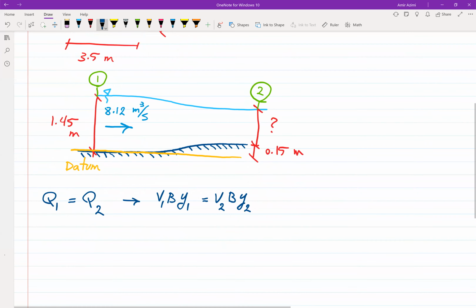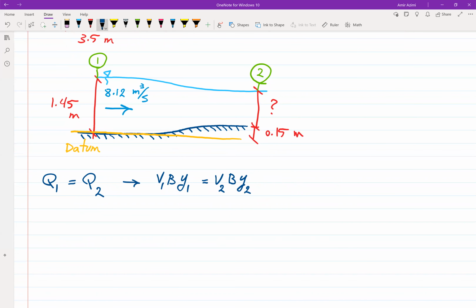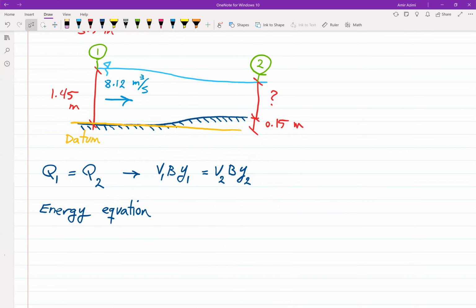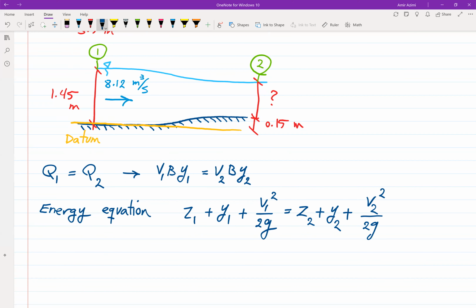And I can also write the energy equation. So energy equation tells me that Z1 plus Y1 plus V1 squared divided by 2G is equal to Z2 plus Y2 plus V2 squared divided by 2G.